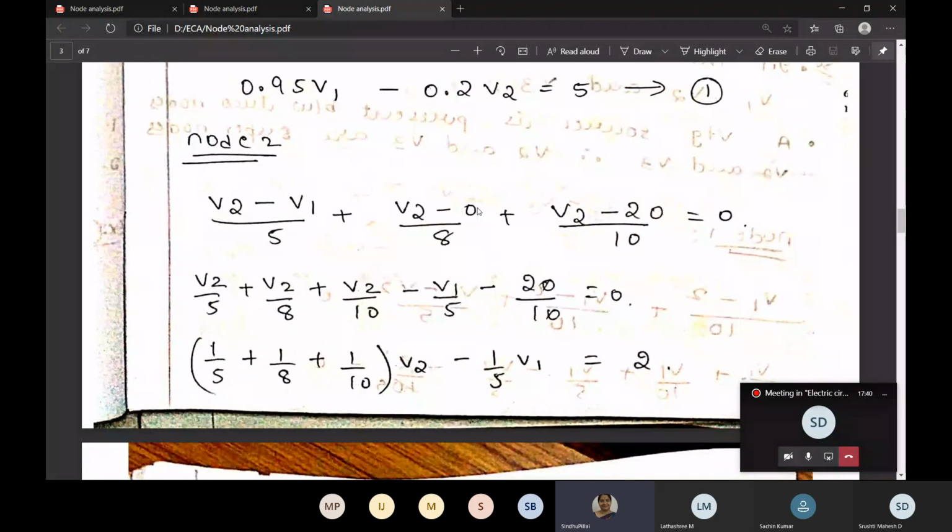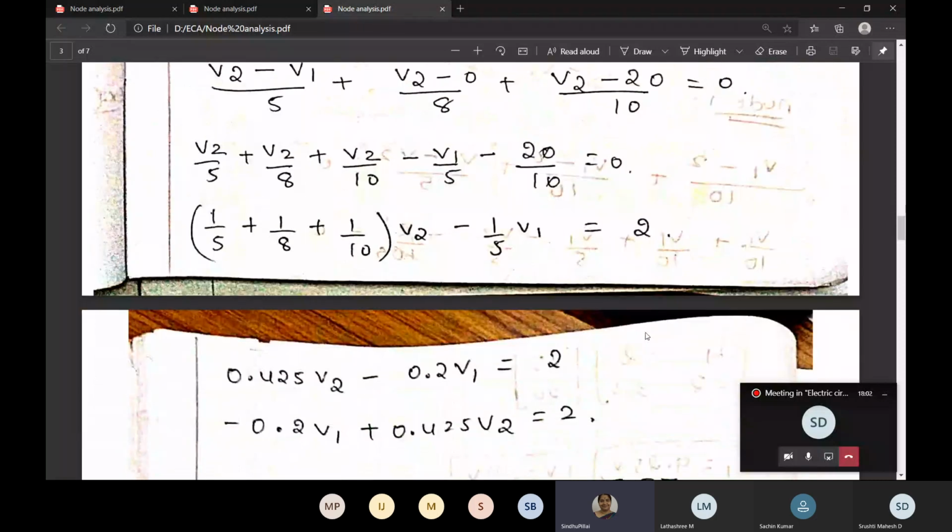After writing it, separate the V1 and V2 terms. See here, it is 20 by 10, the 0s get cancelled, and it will be 2. You should remember that. These are the constants: 20 by 10 is a constant. When it comes to this side, it is 2. So that is the node 2 equation.